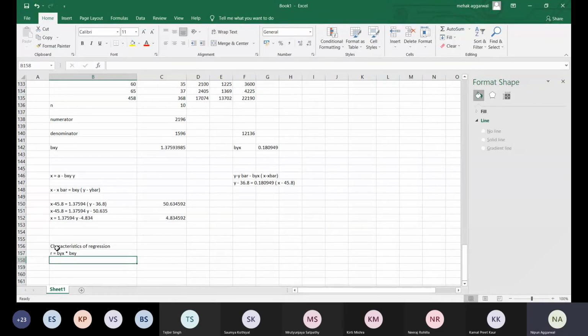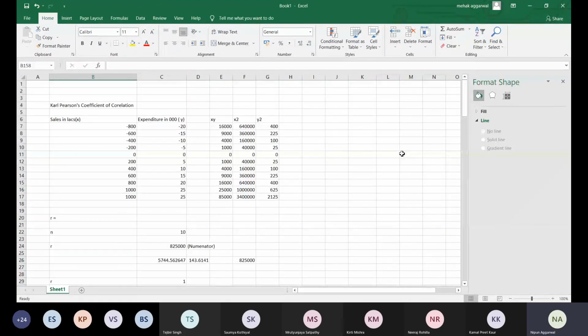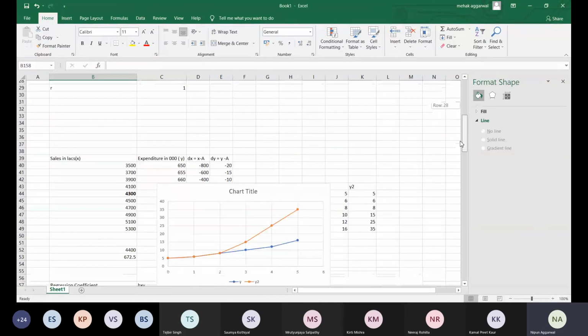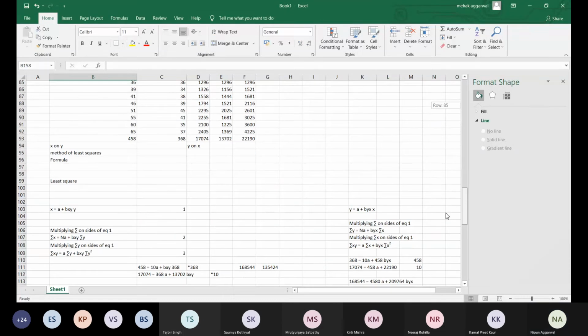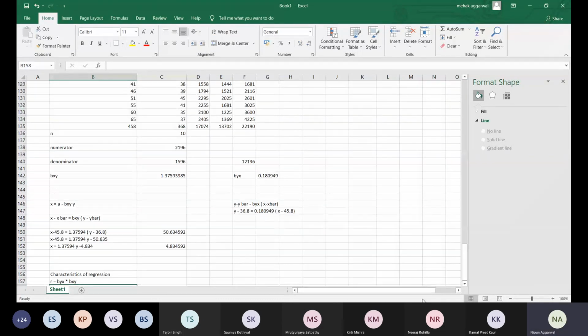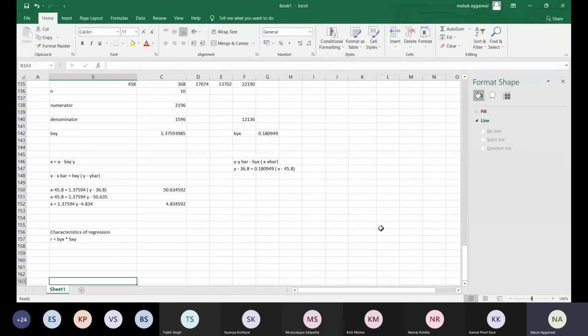R, if we want to calculate the R, suppose अब इस डेटा का जो पिछला क्वेश्चन है हमने इसका कोरिलेशन भी निकालना है. तो हमने कोरिलेशन कितना निकाला था इस डेटा का? So with the same data we have calculated the Karl Pearson's coefficient. We have changed the data, but if we want to calculate the correlation coefficient of the same from the regression, it is not like we have to apply the correlation formula again. We have already calculated Byx and Bxy.